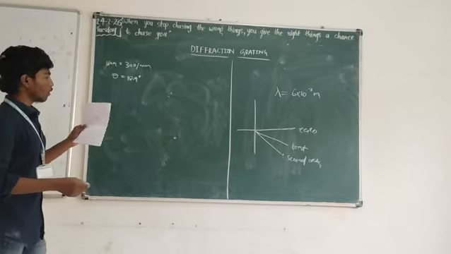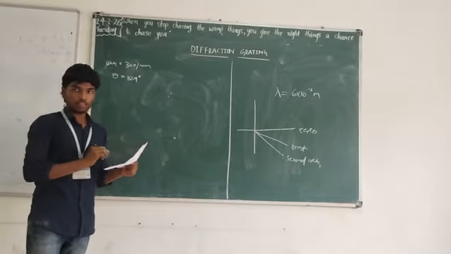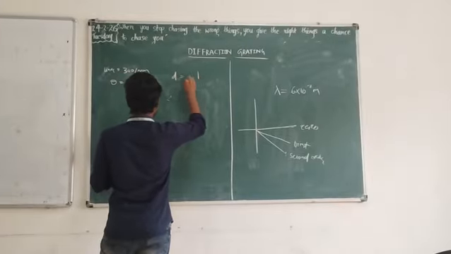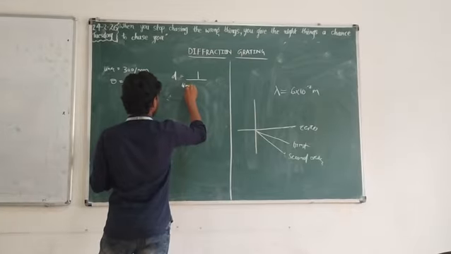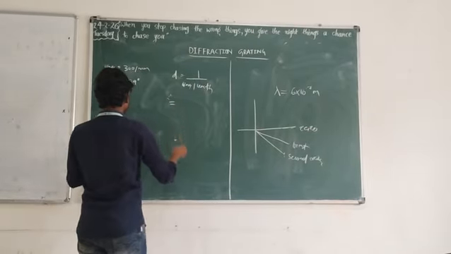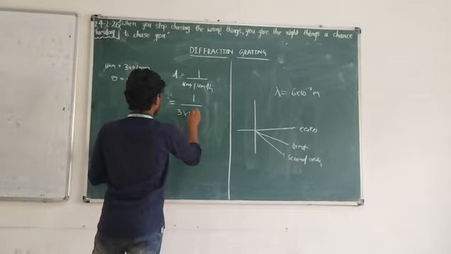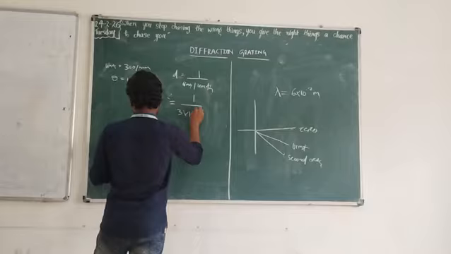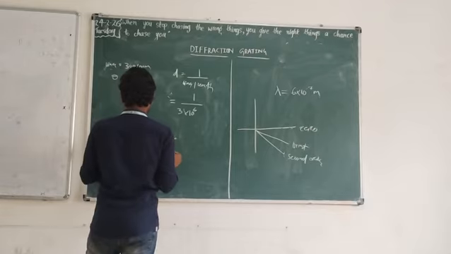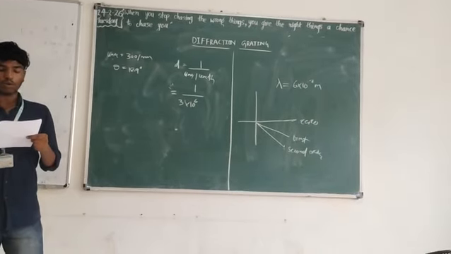Okay, so we know that we can find the distance by d equals to 1 by the number of lines per unit length. So d equals 1 by 300 into 10 raised to 6, and one more thing is given, it is a monochromatic light with second order principal maximum.